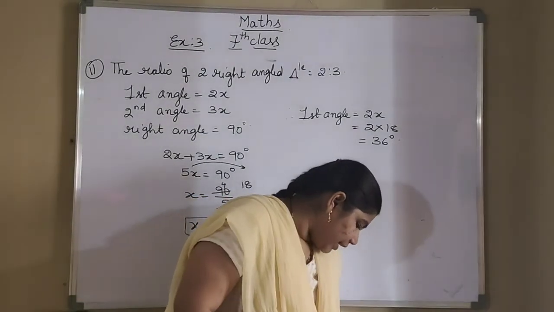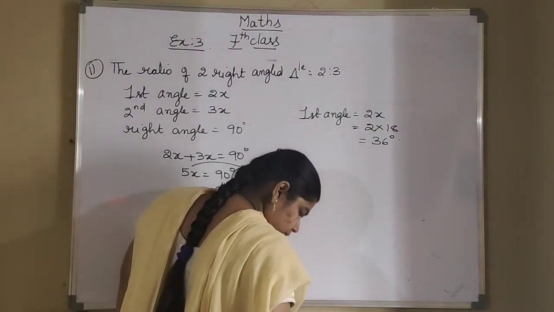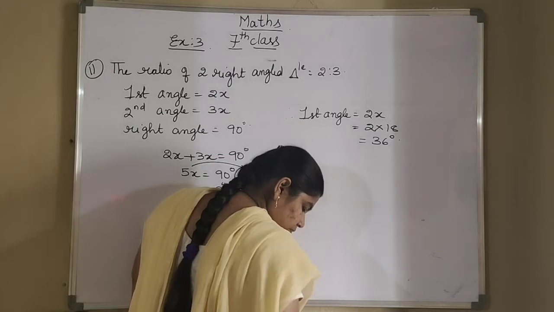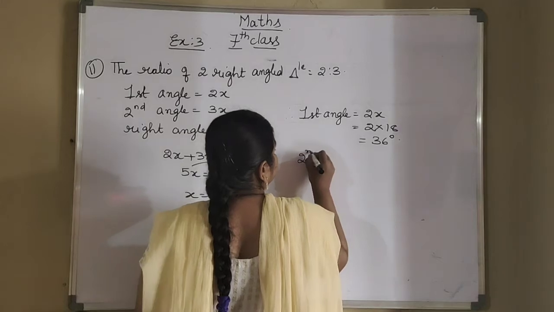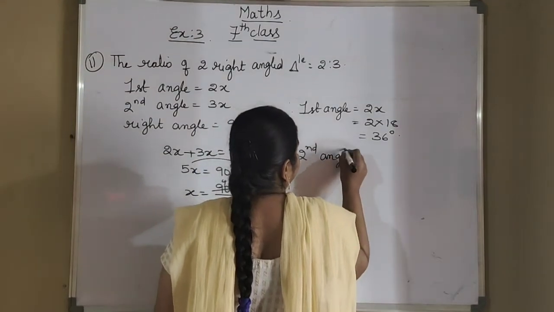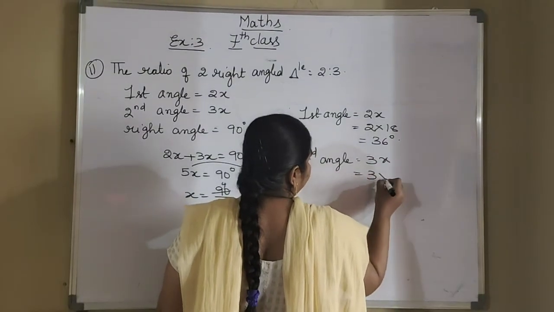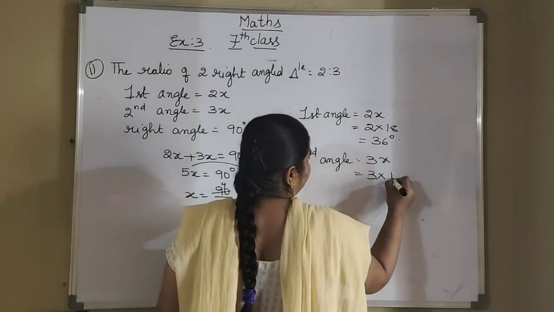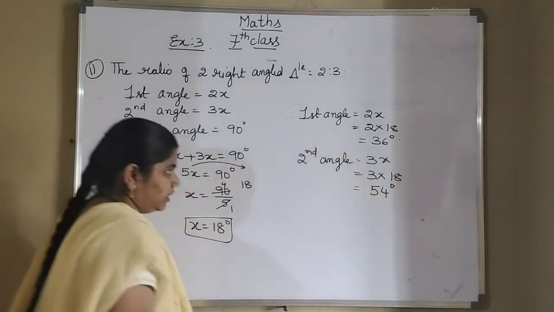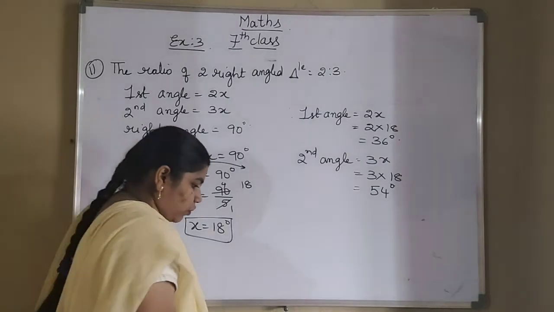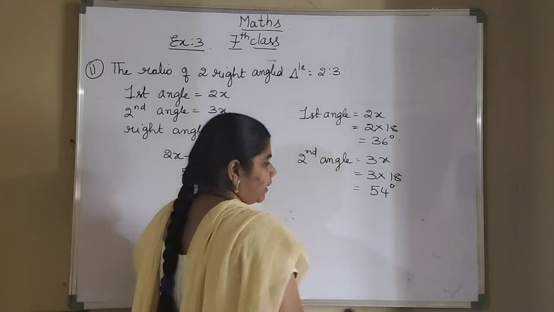Now we are finding the second angle, 3x. 3 into the x value, 18, that will be 54 degrees. 18 3s is 54. So therefore you got 36 plus 54, which is 90 degrees.